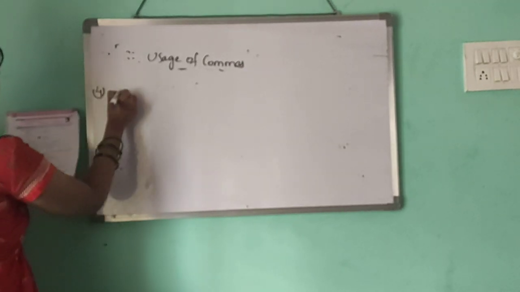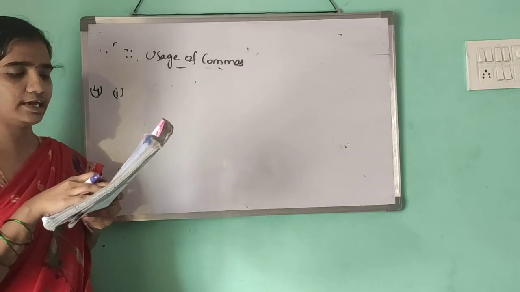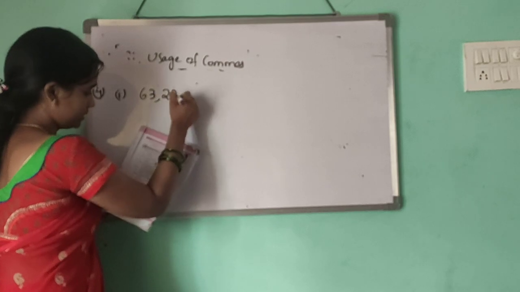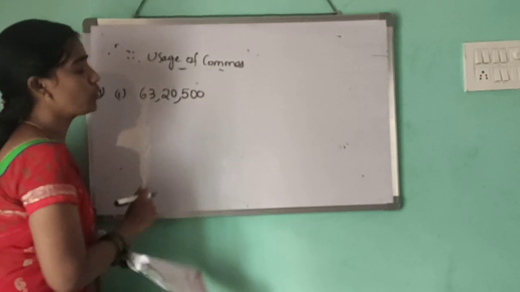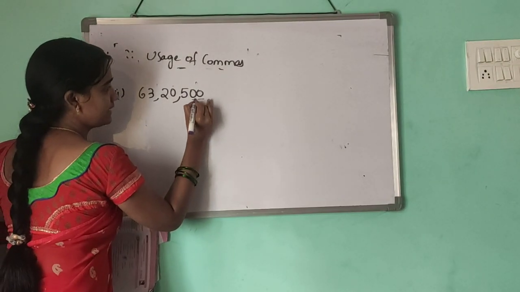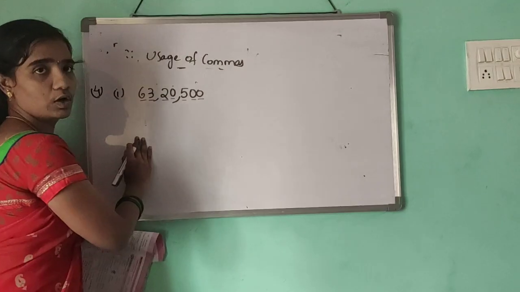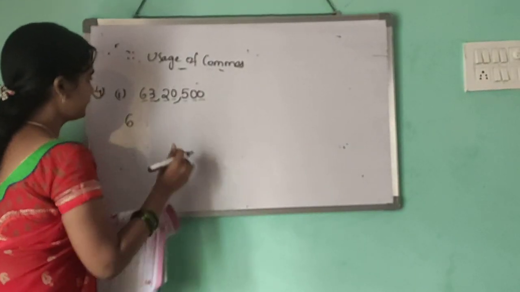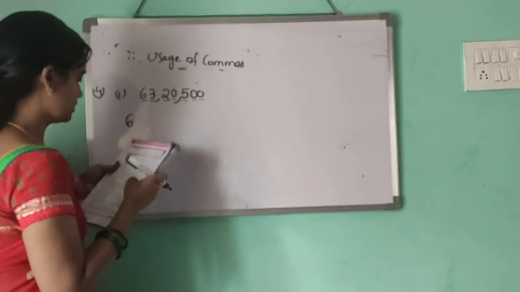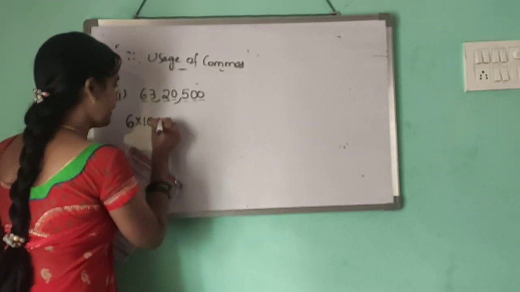Move on to the first bit. Here, write the numbers in expanded form. 63,20,500 is given. How can we expand it? See, first you have to check the number's places: ones, tens, hundreds, thousands, ten thousands, lakh, ten lakhs. Okay, 6 into 10 lakhs.